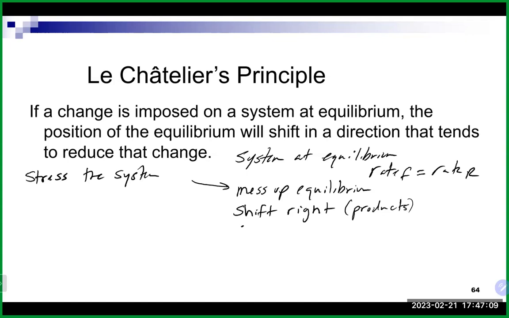It will sometimes shift to the left to try to get back to equilibrium, which means we would be making more reactants. And lastly, even though you may add some type of stress to the system, it may actually not do anything. There are actually a few situations where there will be no change, even though you might have done something to the system.